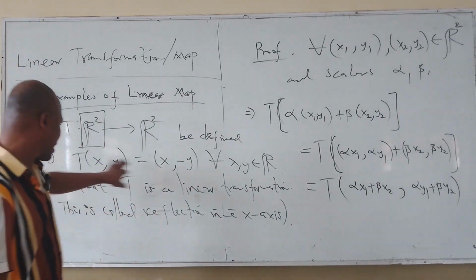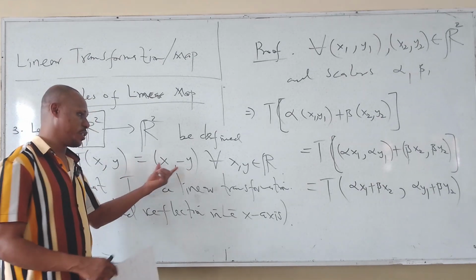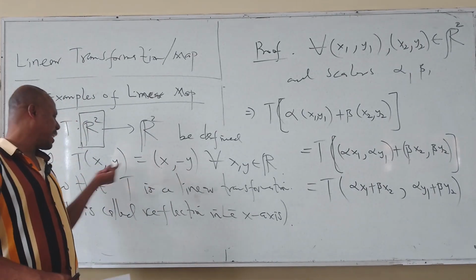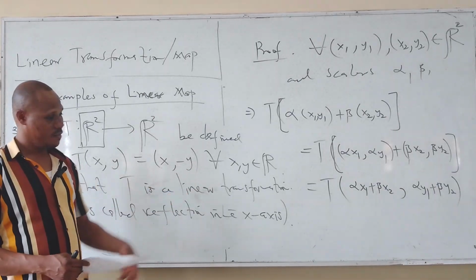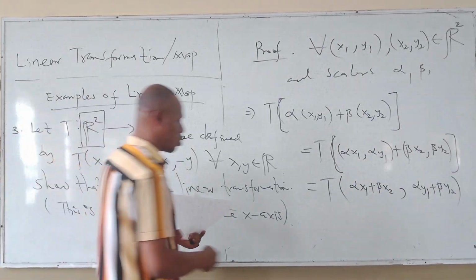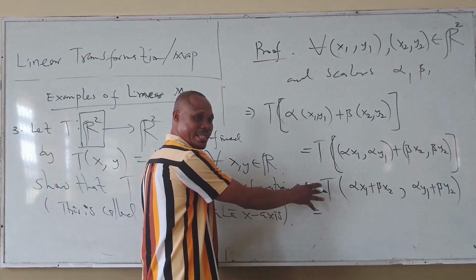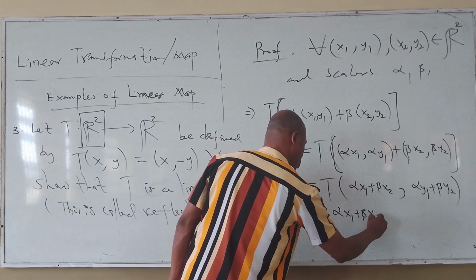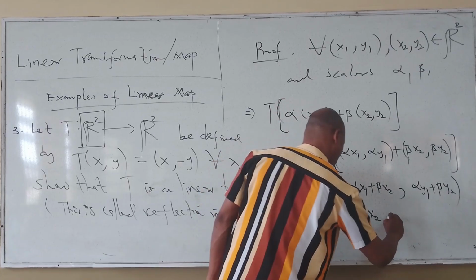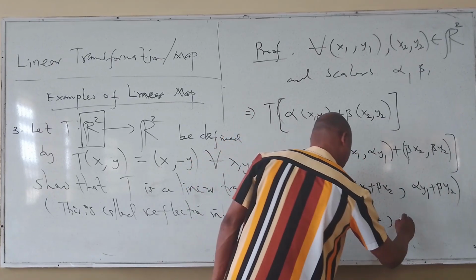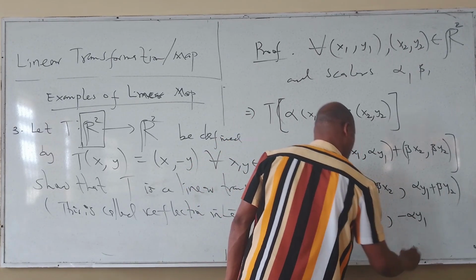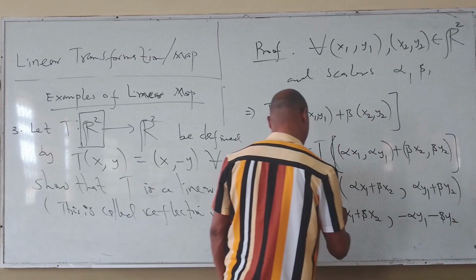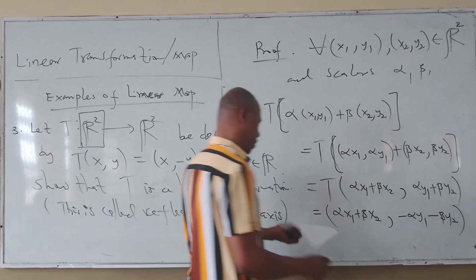So once x is aside and y is aside, you can now apply the definition here. The definition says what? Keep the first component but negate the second component. Apply the definition. So this will be equal to, without the T, alpha x1 plus beta x2, comma, minus alpha y1 minus beta y2, so you see that's negative by definition.